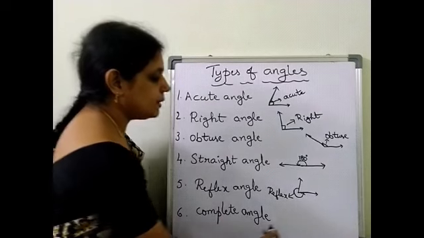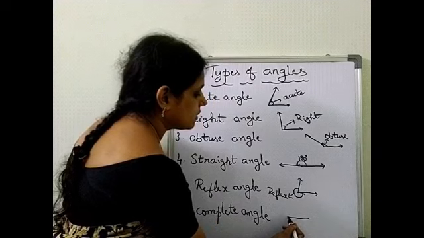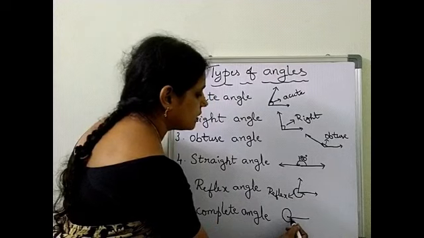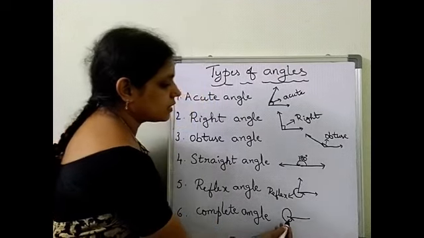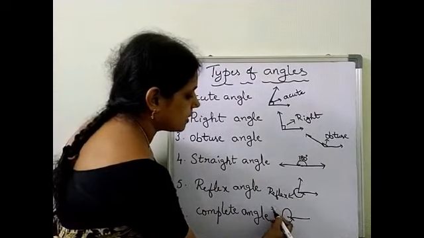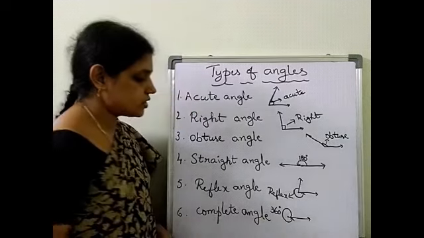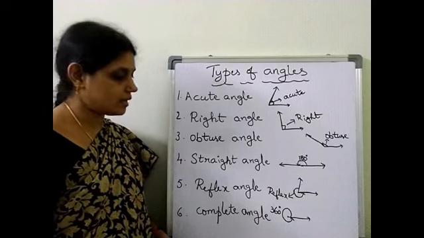Next is complete angle. This is a complete angle. This is 360 degrees. Complete angle is 360 degrees.